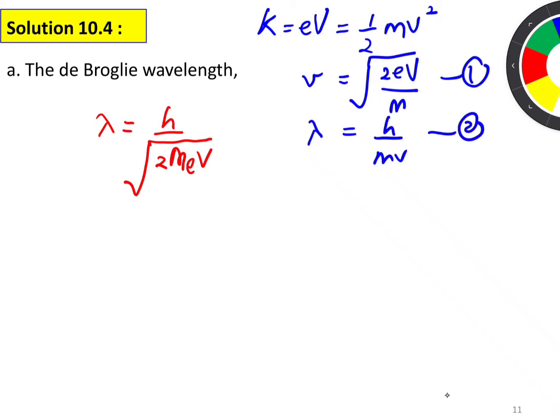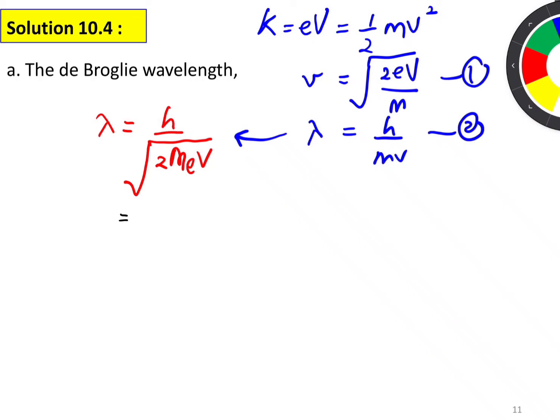So, you get the formula is lambda is equal to H over root 2meV. Okay, so nilai itu H dah ada, Planck constant, mass of electron dah ada, charge untuk electron pun ada, dan V potential difference pun dah ada.